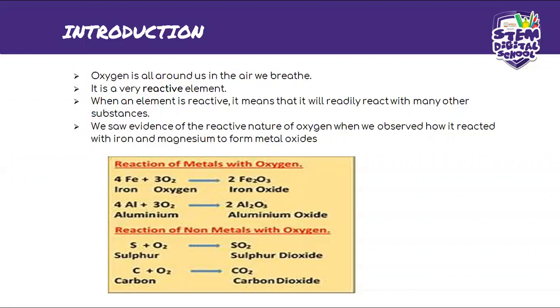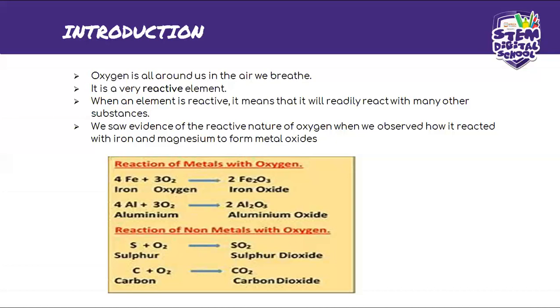Okay, so let's look at this. You see the diagram here, yesterday that's what we were doing. We were looking at a metal reacting with what? Oxygen. It's just basically a review. So these are just a few.